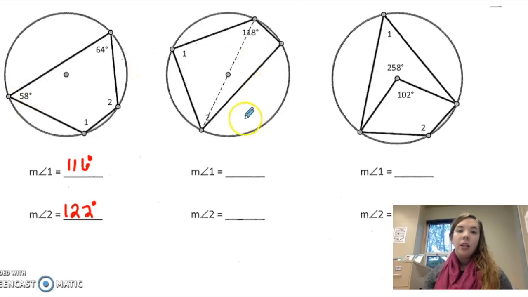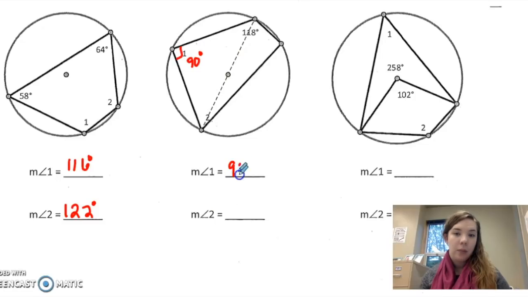This next one, I need a starting point. Since this is a diameter, angle 1's intercepted arc is 180, and half of that is 90. This is one of our theorems from the page before. Angle 1 is 90. Then if these two have to add to 180, this one is also 90.